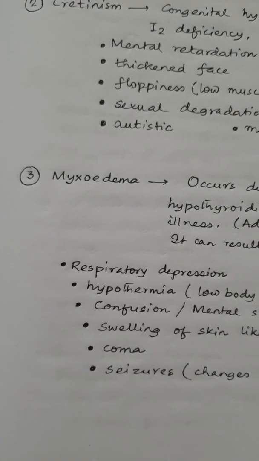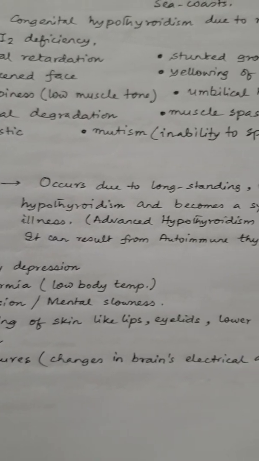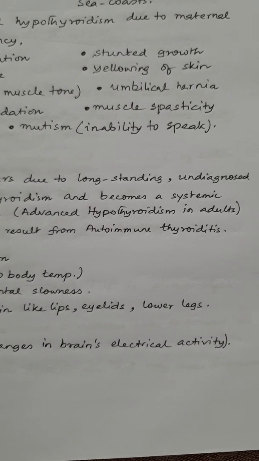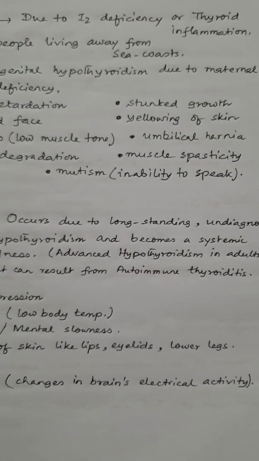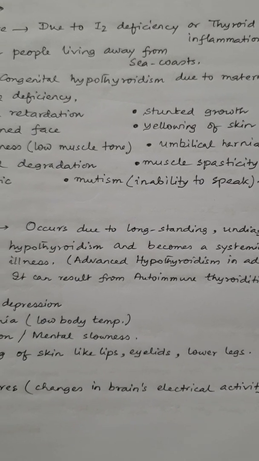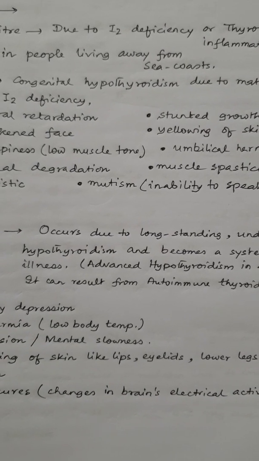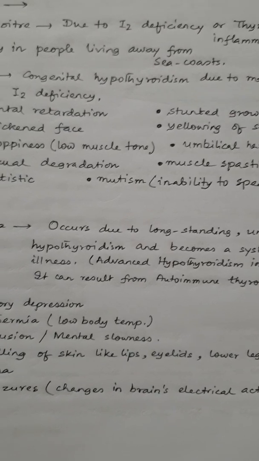The third disease is caused in adults known as myxedema. Myxedema occurs due to long standing undiagnosed hypothyroidism and becomes a systemic illness. It can result from autoimmune thyroiditis.